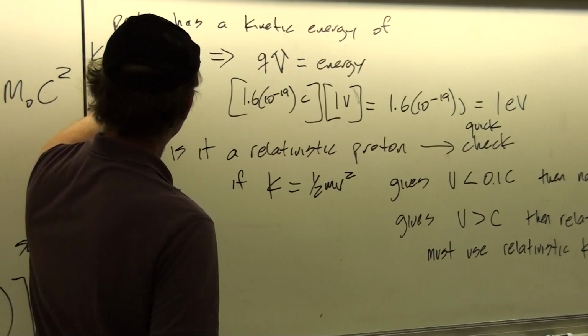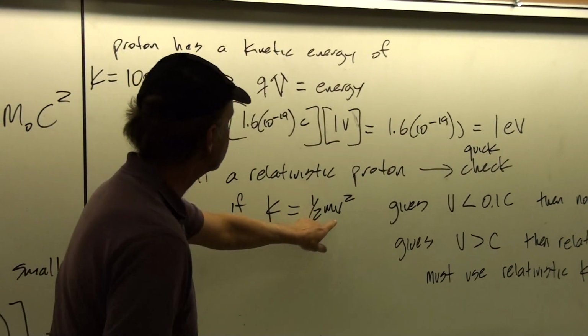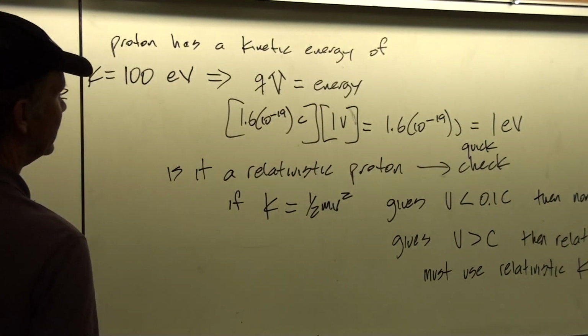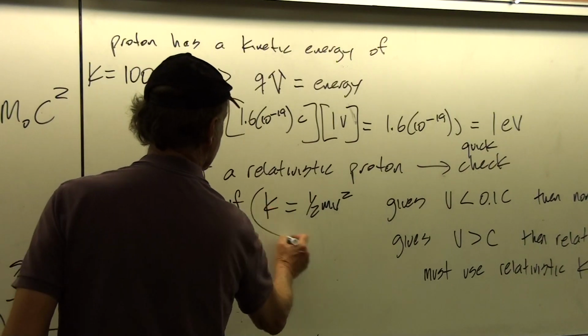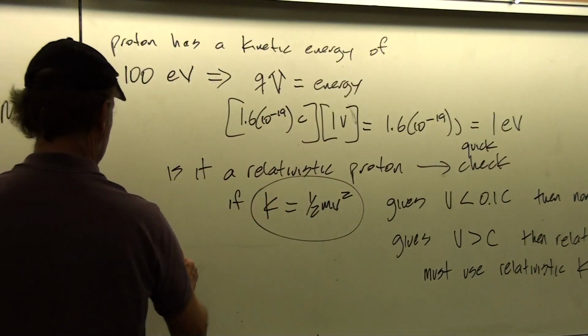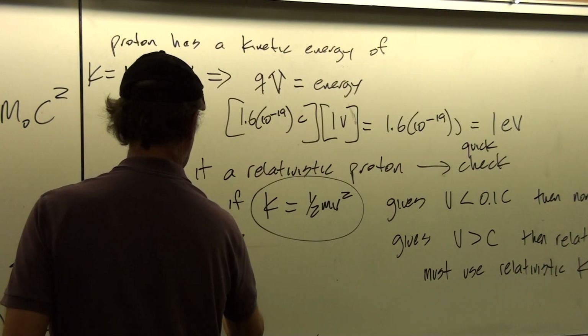So I'm just going to check this and see whether 100 electron volts gives me a velocity that's less than 1/10 the speed of light. So if I solve this for V using this expression for the kinetic energy, I get V is equal to the square root of 2K over m.